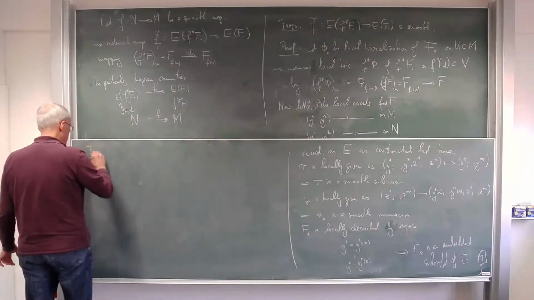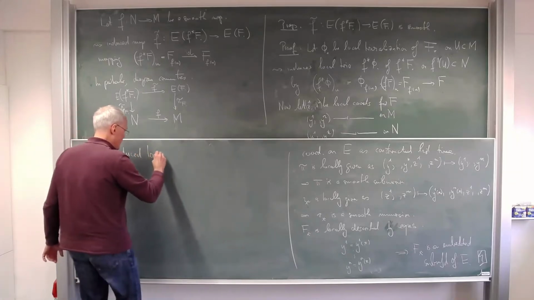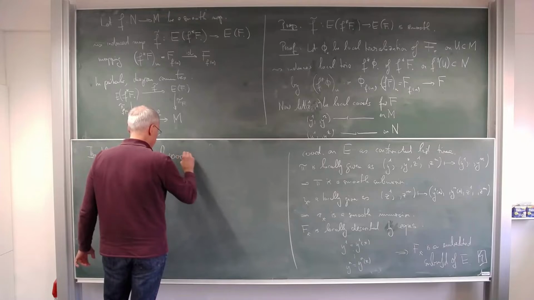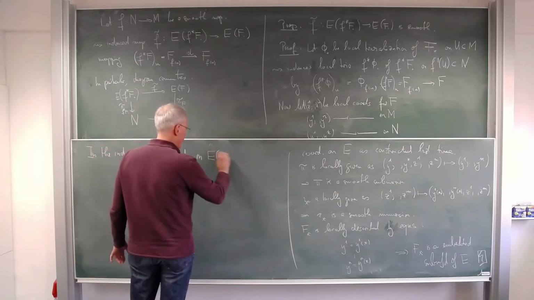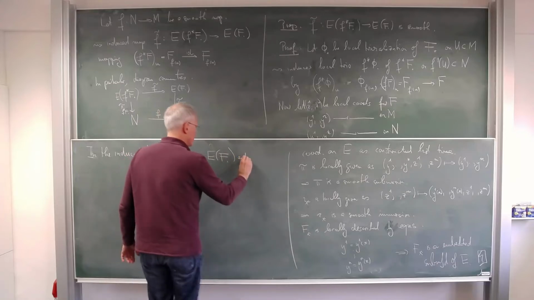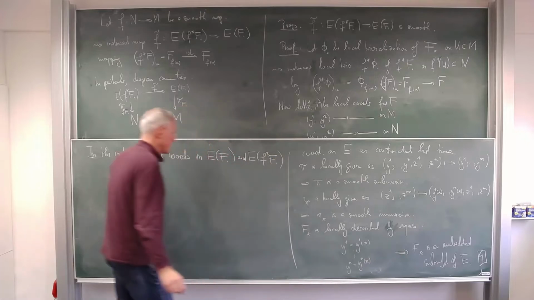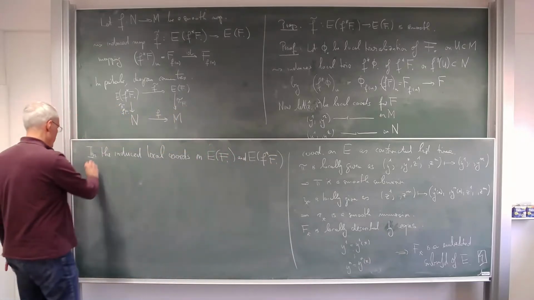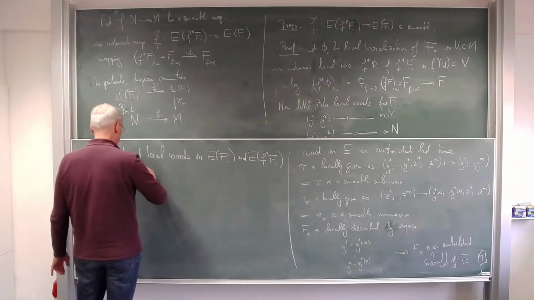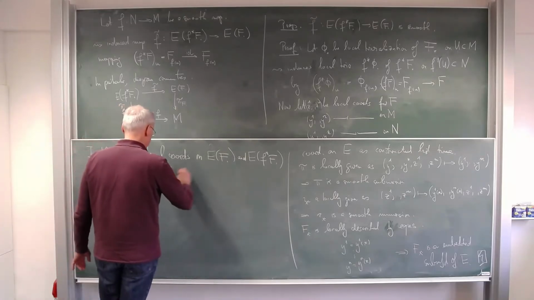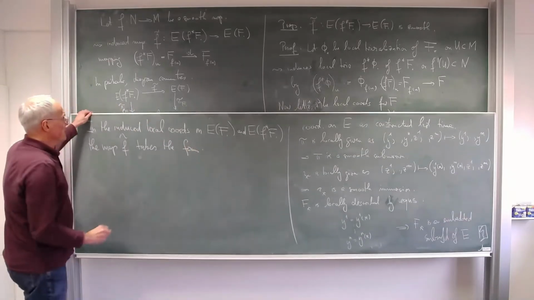So in the induced local coordinates on the total space of F and of the pullback bundle F star F, respectively, the map F tilde takes the following form. So let's see.